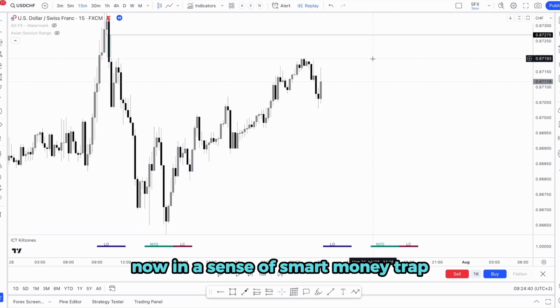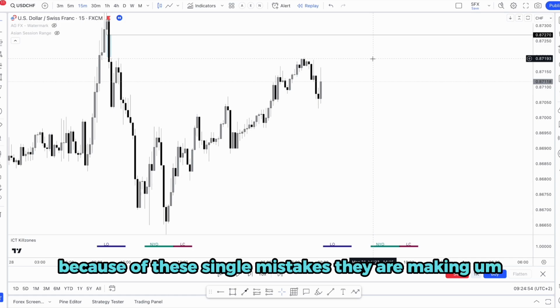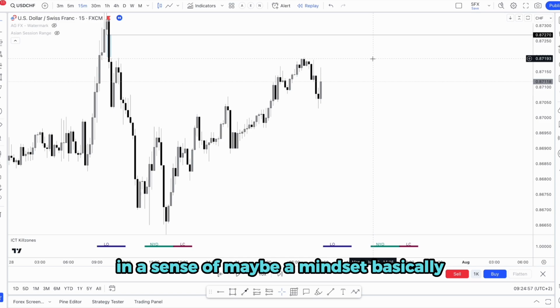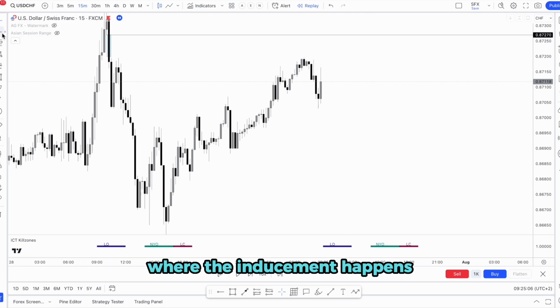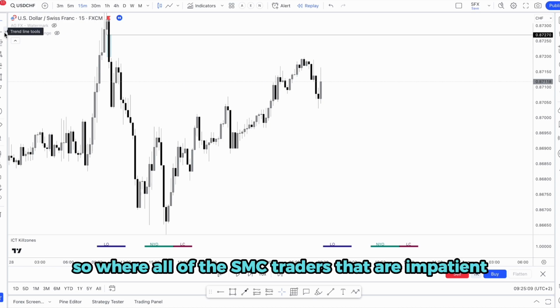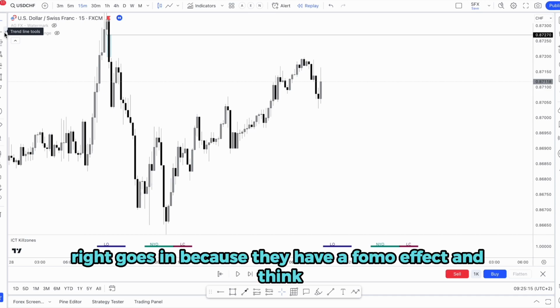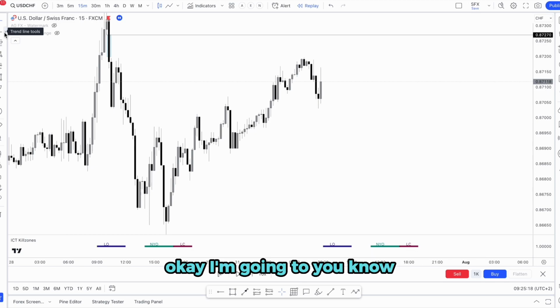Now, in terms of the smart money trap: SMC concepts differ from person to person, but most SMC traders lose trades because of single mistakes they make, maybe in mindset, lack of knowledge or lack of experience. The smart money trap is basically where the inducement happens, where all the impatient SMC traders go in because they have FOMO and think they're going to miss the trade, but in fact they are just the liquidity.